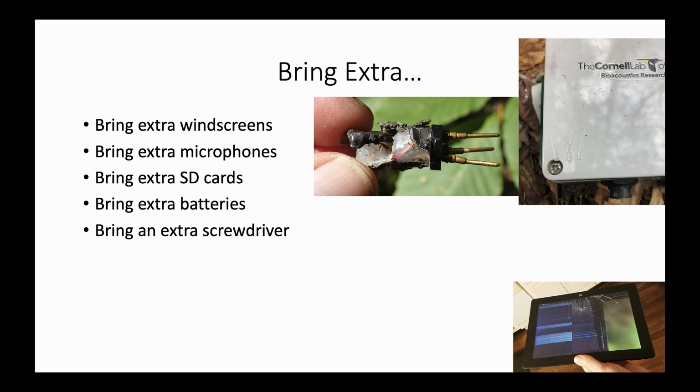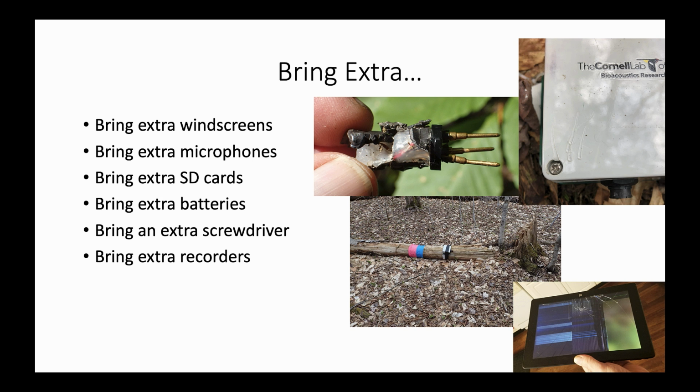Bringing an extra screwdriver, because at least with Swift recorders, they open with screwdrivers, and nothing shuts down a recording project in a faster and more frustrating way than being out there and trying to find the perfect shape rock or stick to try to open the recording unit so that you don't have to hike miles or kilometers back to your vehicle to get another screwdriver because you dropped it in the leaves at the last site and you can't find it.